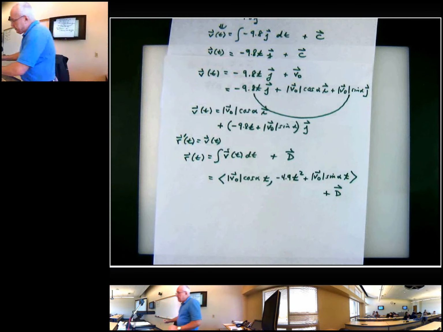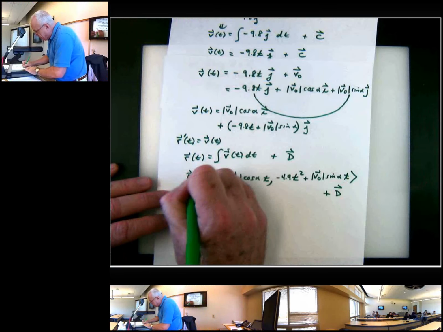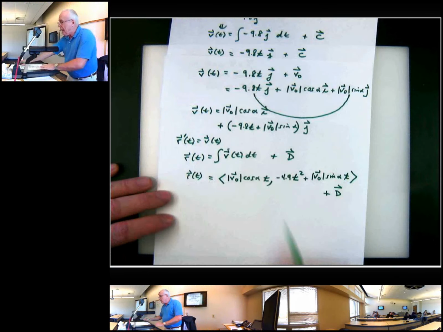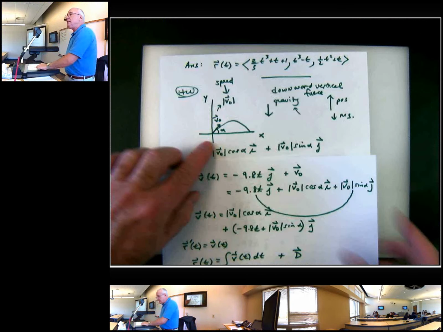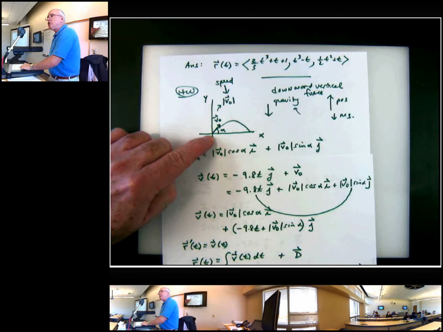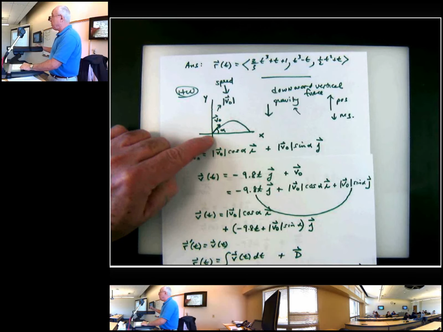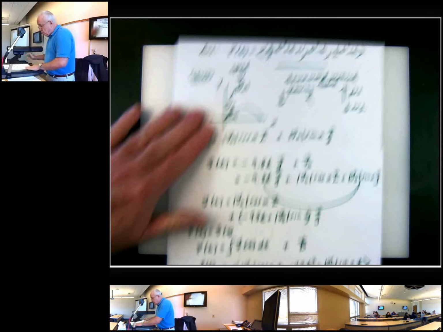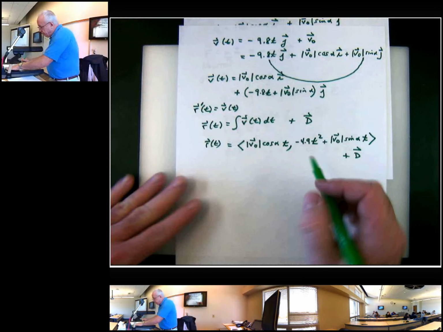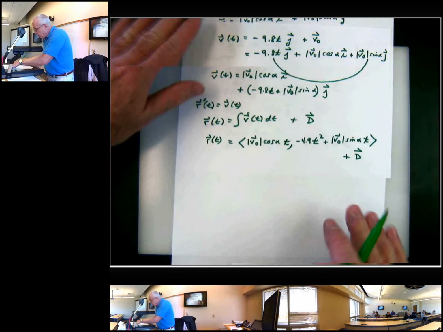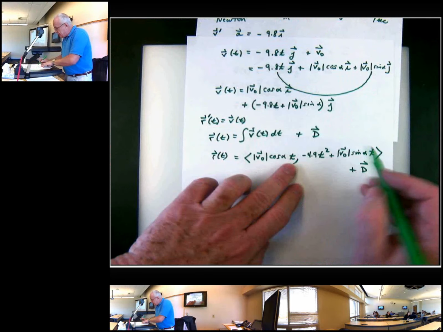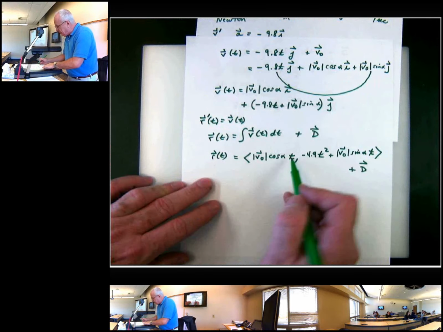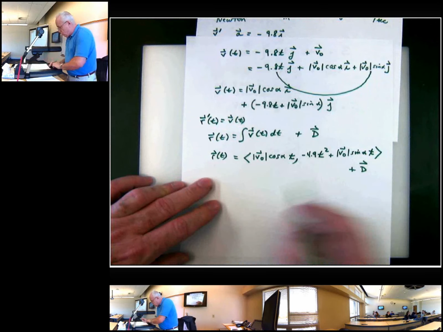Now this is my position vector, but at time t equals 0, we're assuming that my position is 0, 0, 0. So therefore, these all have t's in them, t, t, t.